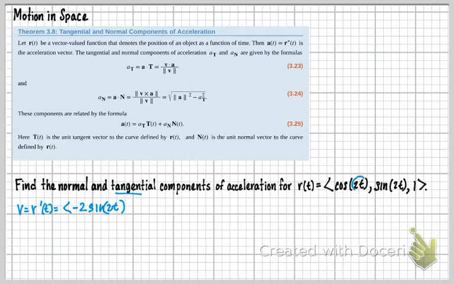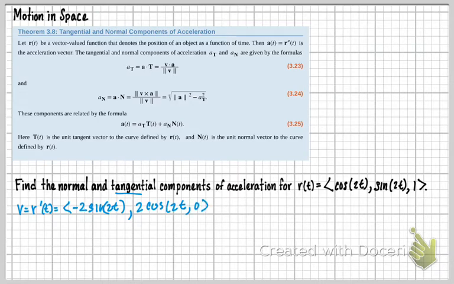And this has a chain rule involved, the 2t inside. I have to take the derivative of that and times it by, and that's where this 2 in the front is coming from. Okay, so that's the first one. And the second one's going to have a similar instance there where I'm going to get that 2 as well. So that's going to be 2 cosine 2t, comma, and the derivative of 1 is 0.